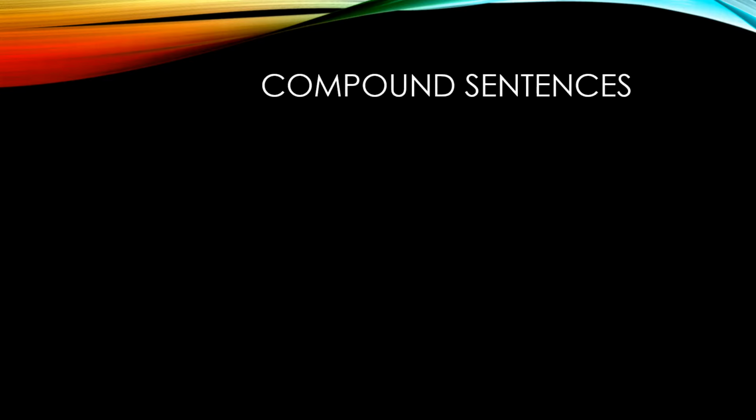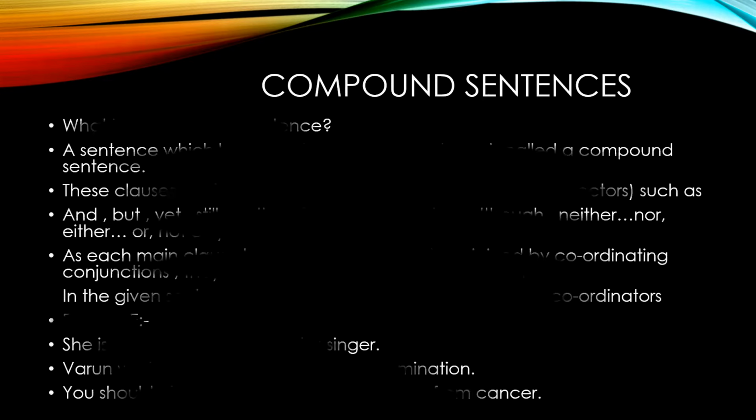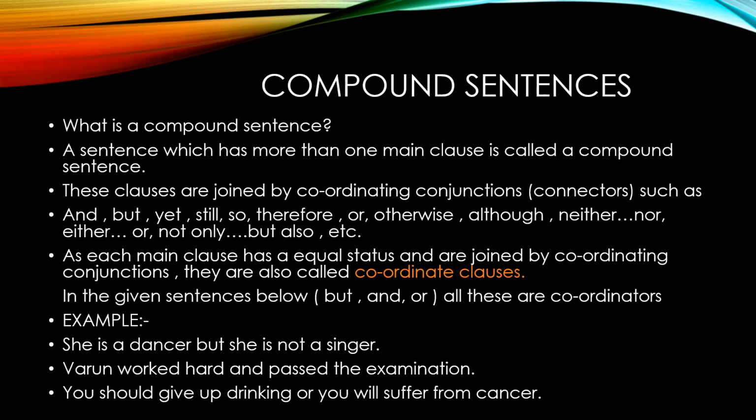Now let's look into what a compound sentence is. A compound sentence is one which has more than one main clause, and these clauses are joined by coordinating conjunctions.